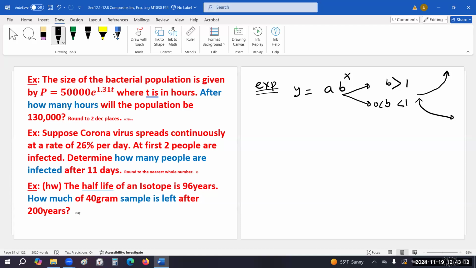Now this function, they have horizontal asymptote. Horizontal asymptote, we got them from the up-down shifting. So y equals up or down shifts. Do you remember this? Okay. And what else we said?